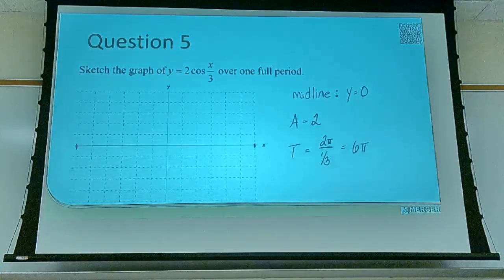If I want to do that, I have to change my coordinate system up, and not that big of a deal.